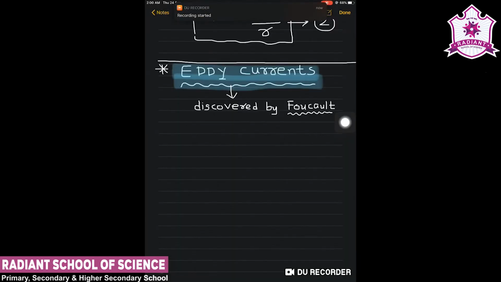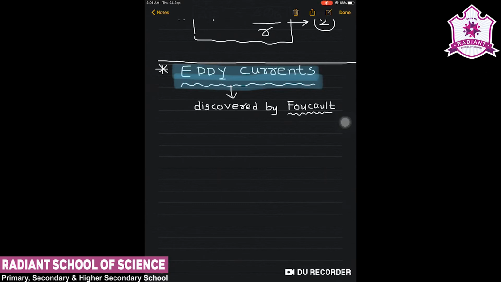Dear friends, up to now we have studied that electric current is induced in a well defined path in conductors like circular loops. Even when bulk pieces of conductors are subjected to a changing magnetic flux, induced currents are produced in them.